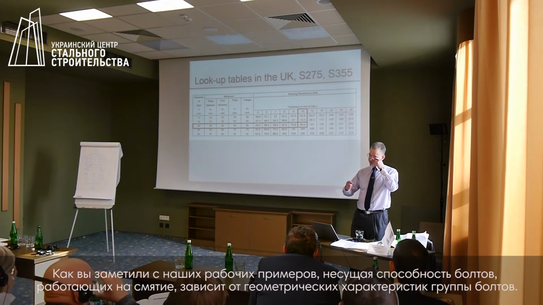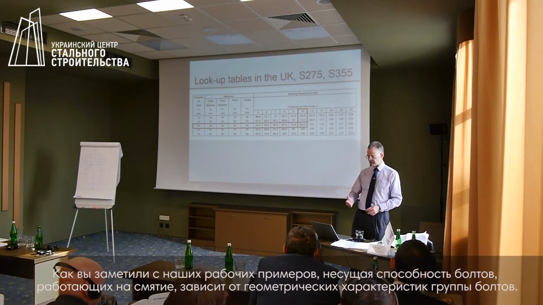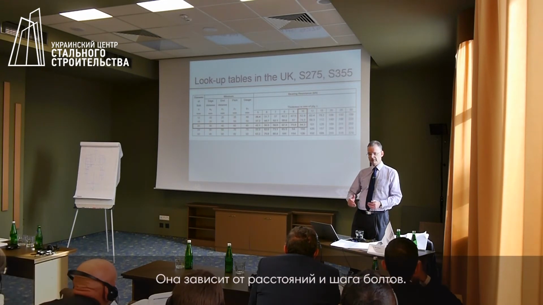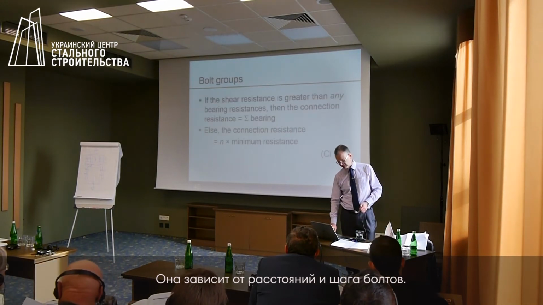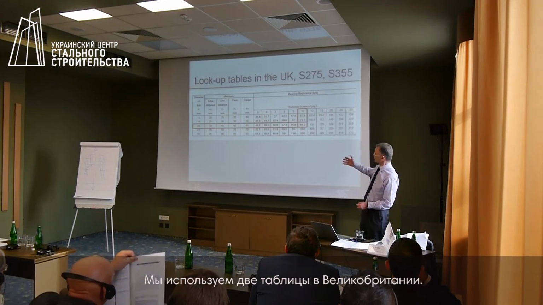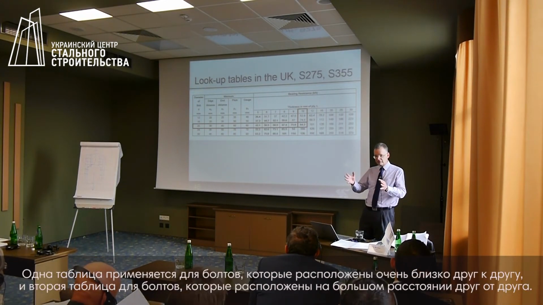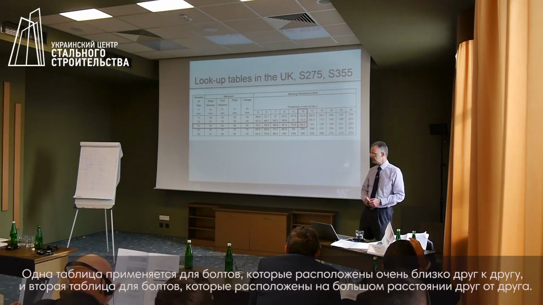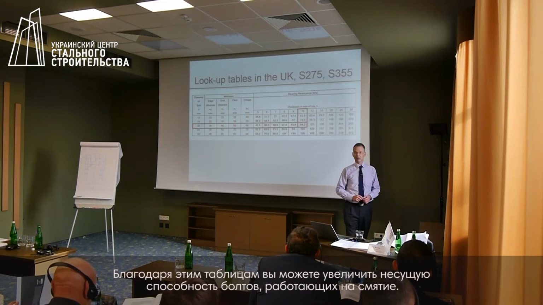You will have seen during that exercise that the resistance of the bolt in bearing depends on the geometry of the bolt group. It depends on the edge distance and the end distance and the spacing. So we provide two tables in the United Kingdom. One has bolts fairly closely spaced together, and the other table has bolts spread further apart. By doing that, you can increase these resistances in bearing.